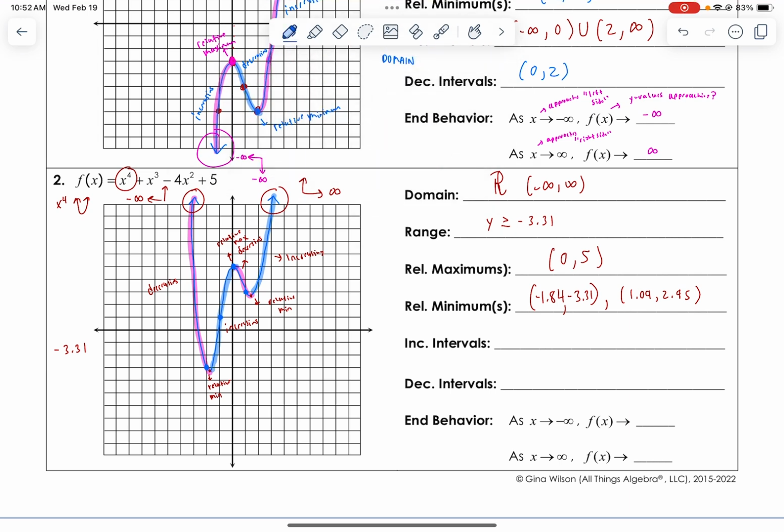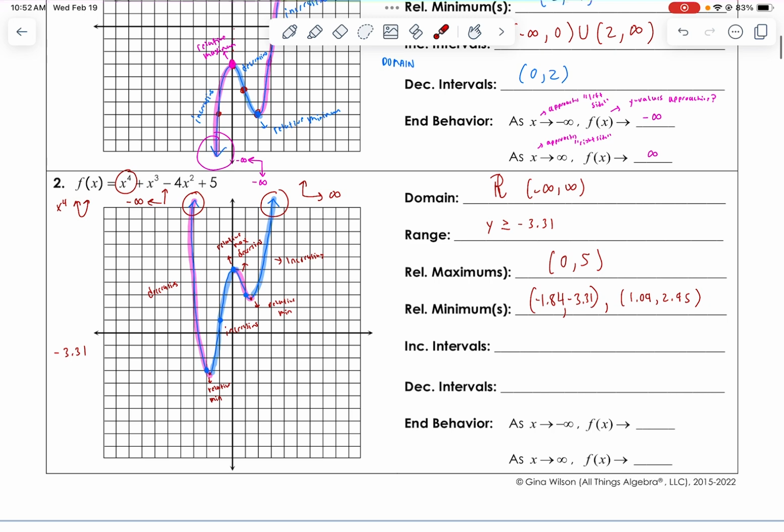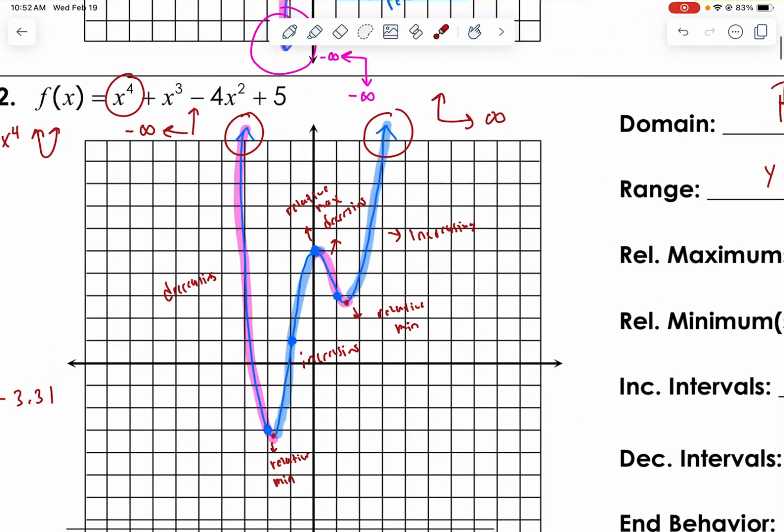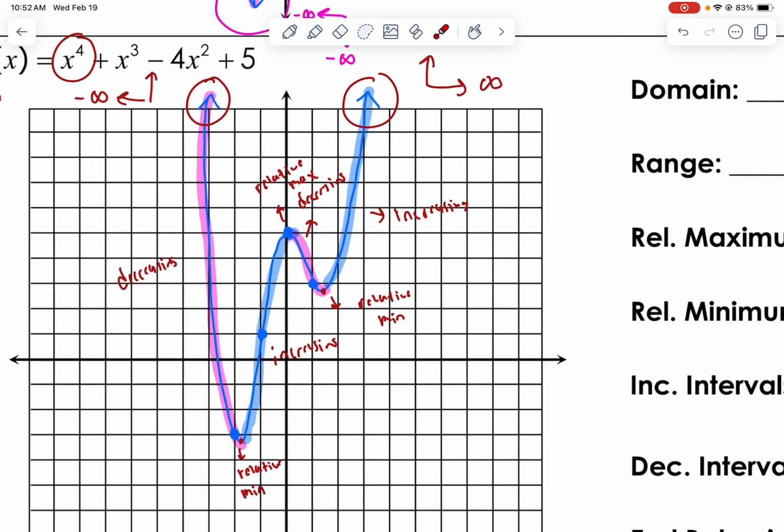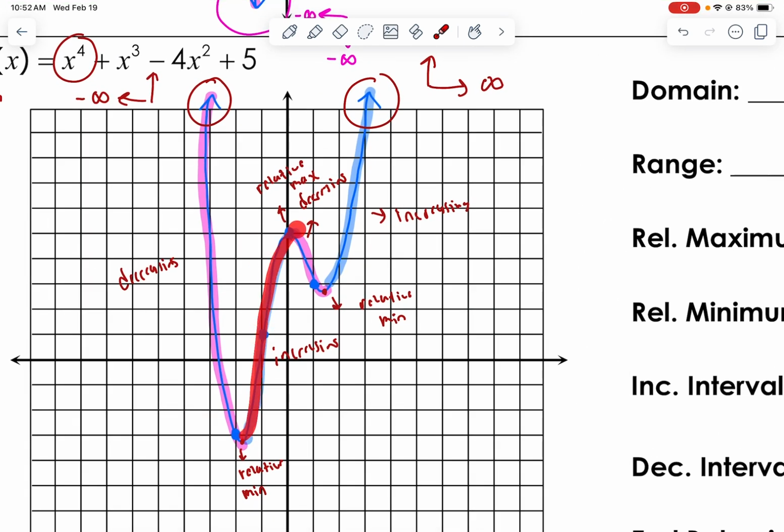All right, let's talk about the domain on which the functions are increasing or decreasing. So here, for increasing, we know that in between here, we're increasing, as well as up here. So here, once again, we want to focus on the x values. Here, the x value would be starting from here.